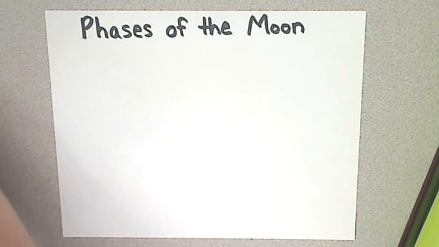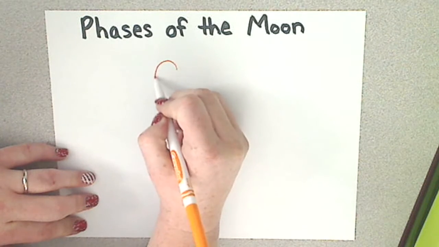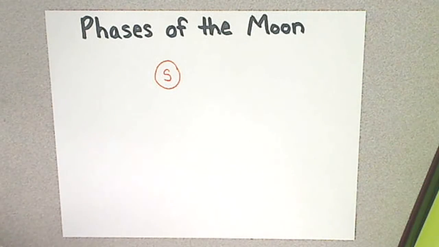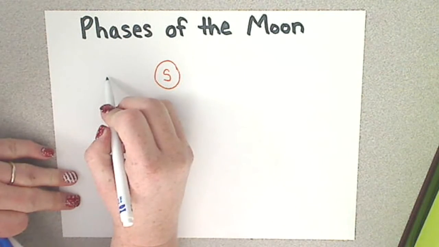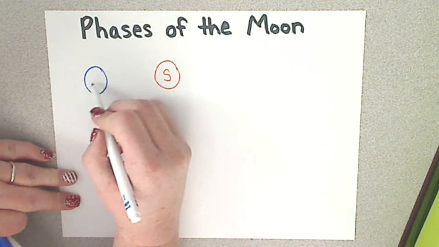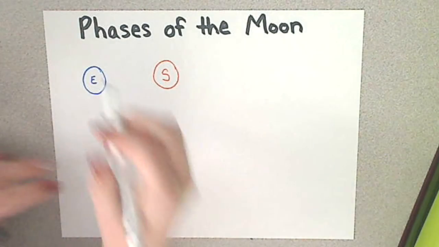Okay, so we're going to start by drawing a little model. So we're going to have our sun, we're going to have our earth, and our moons.